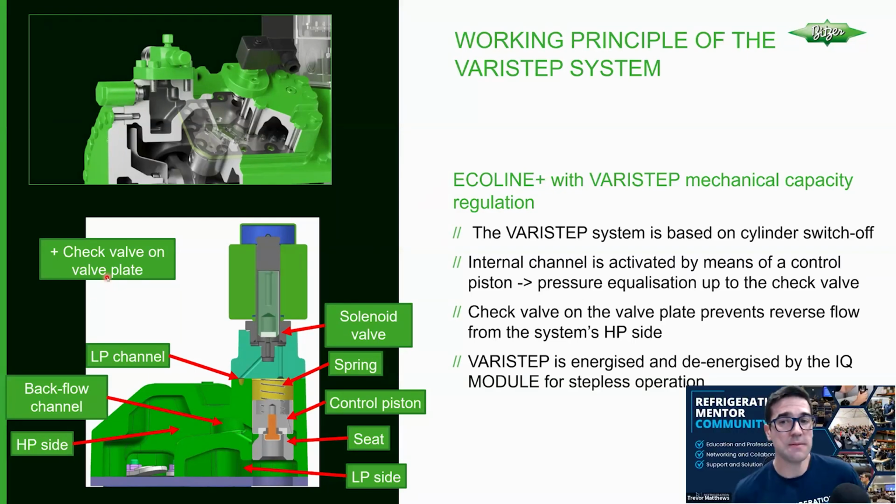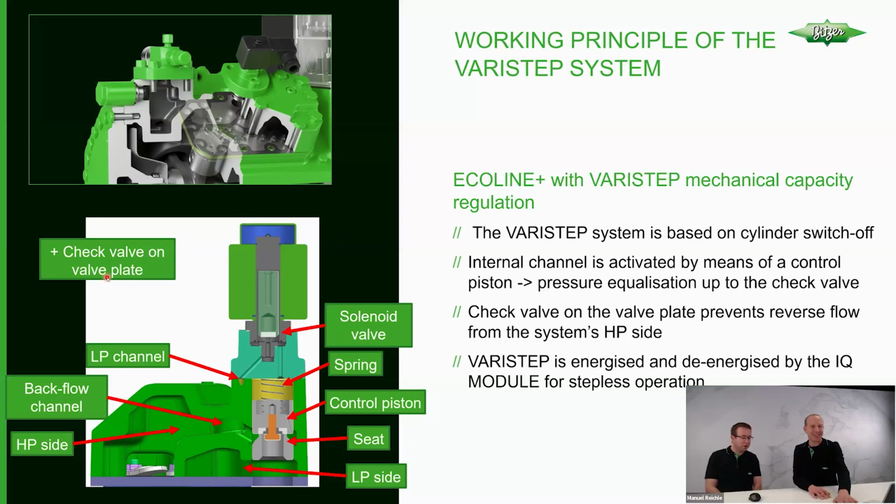I love it. Okay, sorry. It's a good point, and we paid attention to this when we developed the valve plate. The valve plate for the VARISTEP is for the moment still different from the standard valve plate. So we paid attention that we avoid this flapping situation if there's no pressure difference.